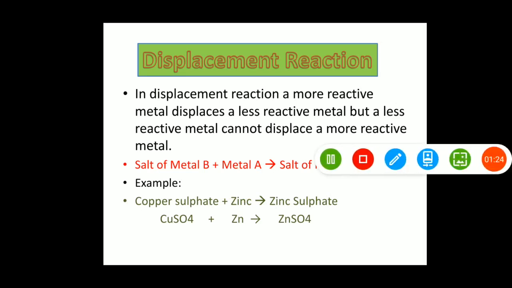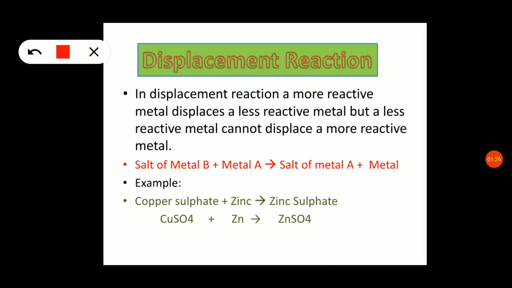Here copper sulfate is taken plus zinc. When you compare the copper and the zinc, which is more reactive here? Zinc is more reactive than the copper. If you remember the reactivity series, you will understand zinc is more reactive than the copper. Hence, zinc displaces copper from its salt solution to form the zinc sulfate. Clear?